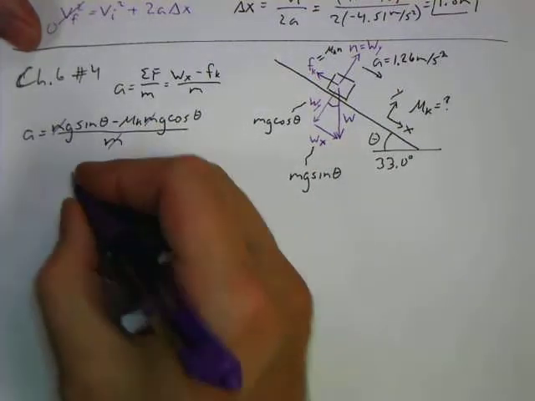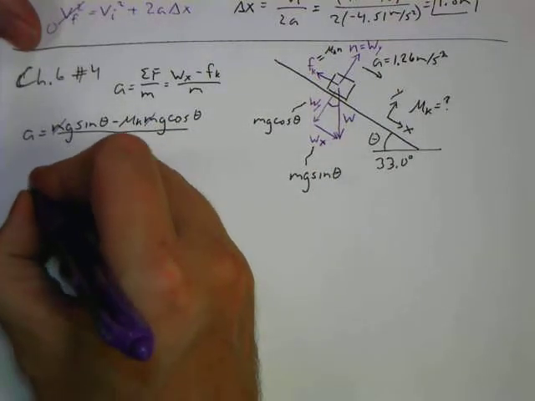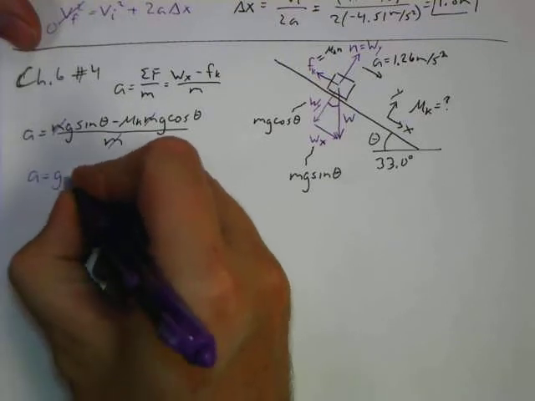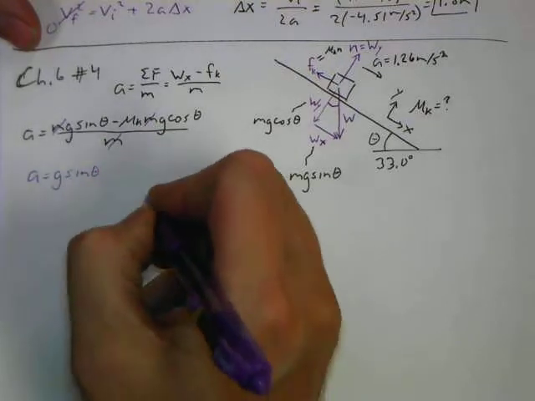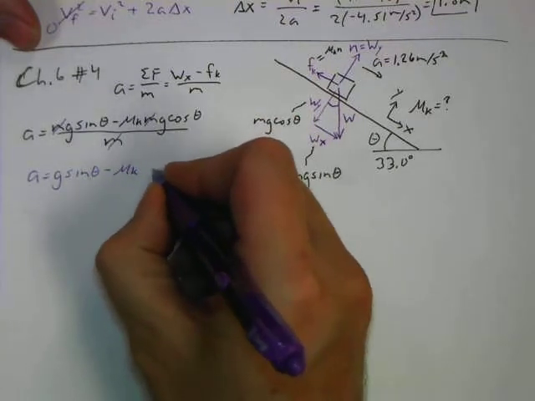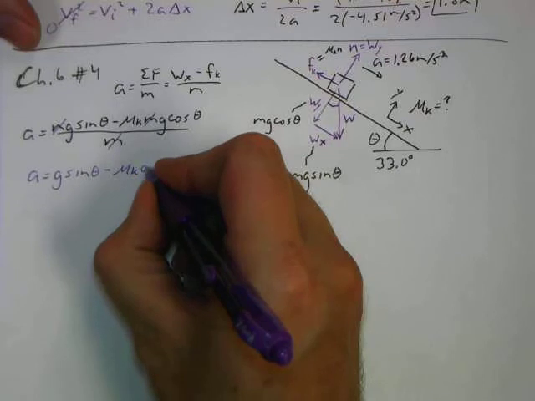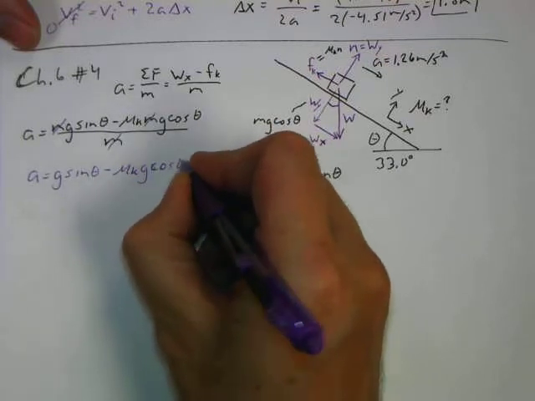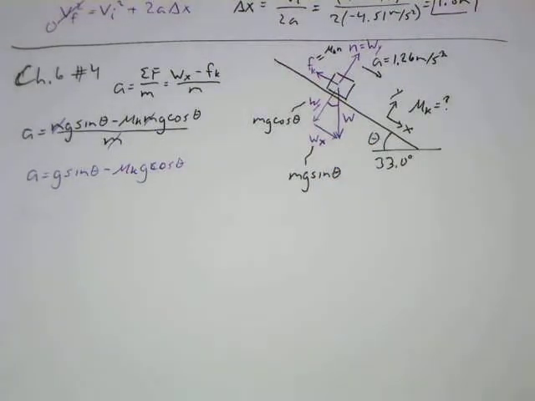And so we get a statement here that acceleration is equal to g times the sine of an angle minus mu sub k times g times the cosine of the angle.